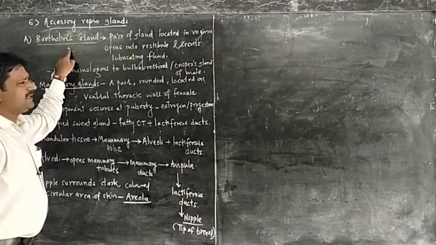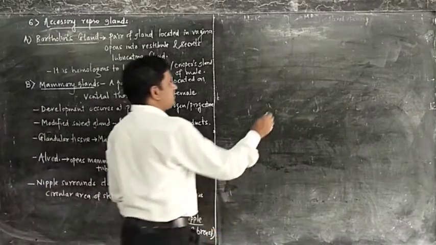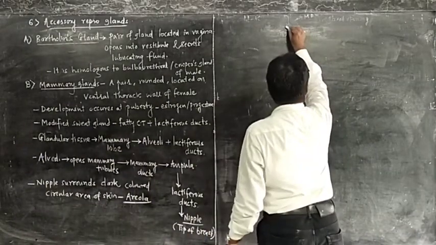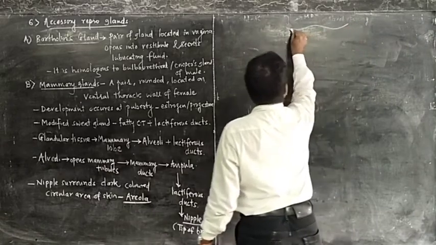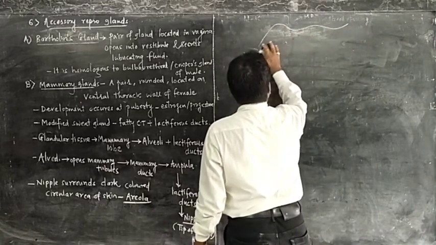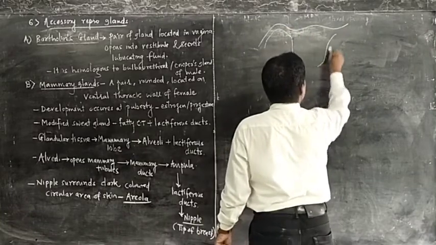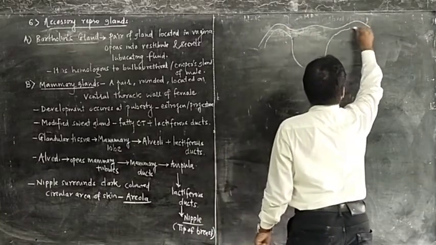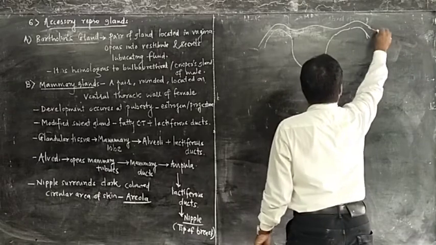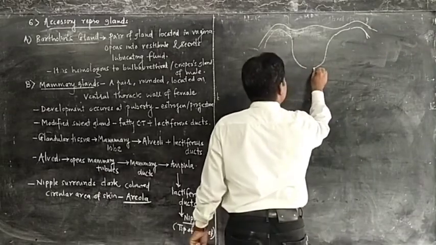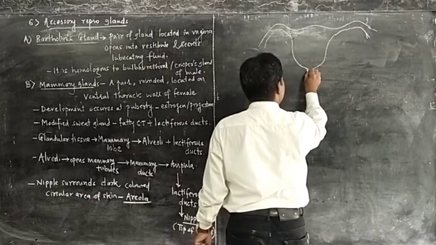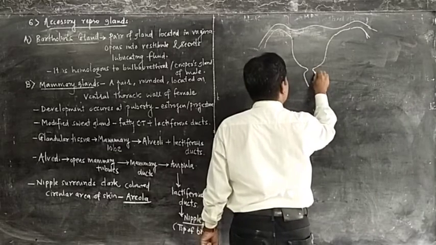Now see the Bartholin gland. Suppose this is the female reproductive system. These are the oviducts. I will not draw the full diagram. Now see, this is the uterus and vagina.